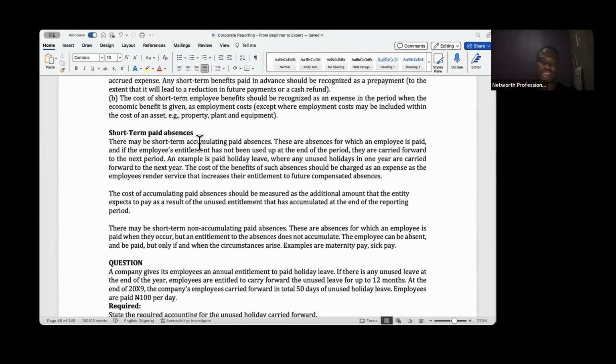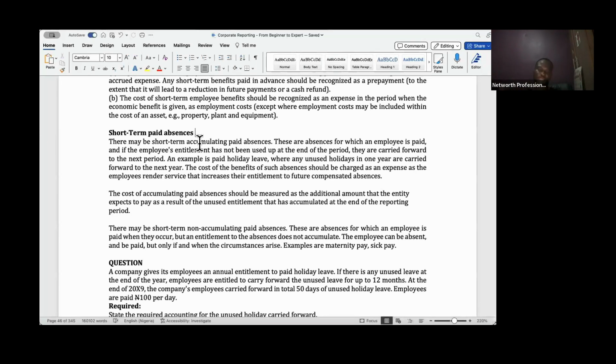Paid absences are basically the money your employer will pay you even when you are absent. That would be something like leave allowance or maybe sick leave allowance. Popularly it is the leave allowance: you might be absent and your employer will still pay you.